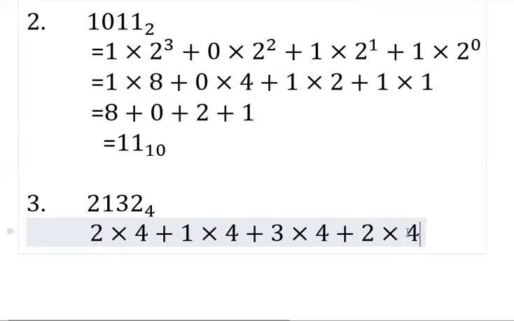Now, because it's in base 4, that's why we're multiplying by 4. We're now going to raise the power from 0, 1, 2, 3, as usual, the same method.